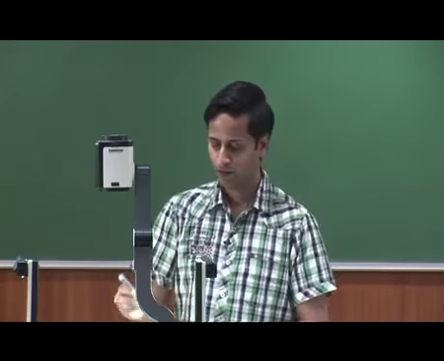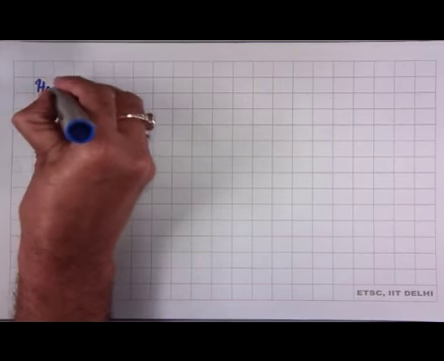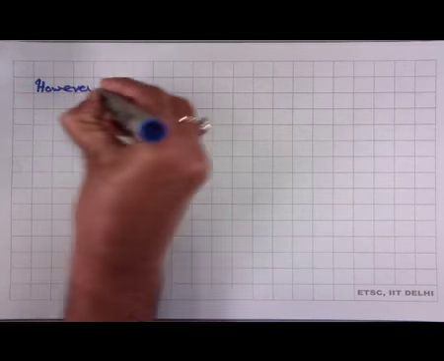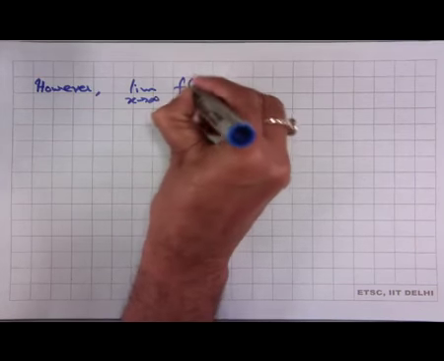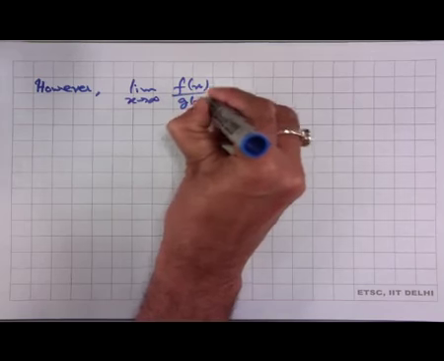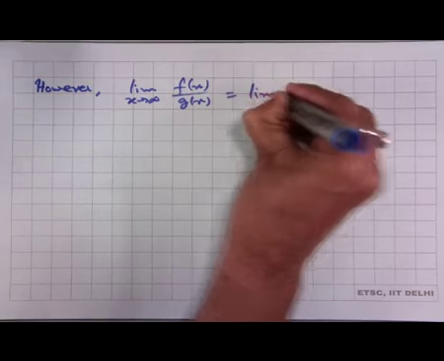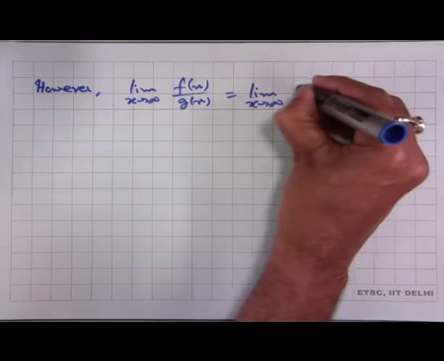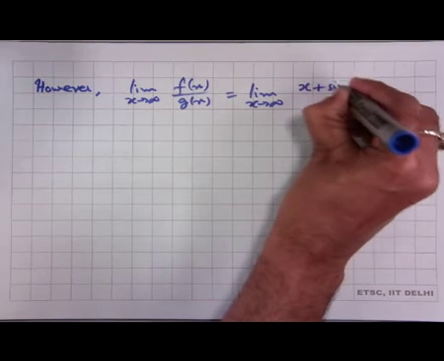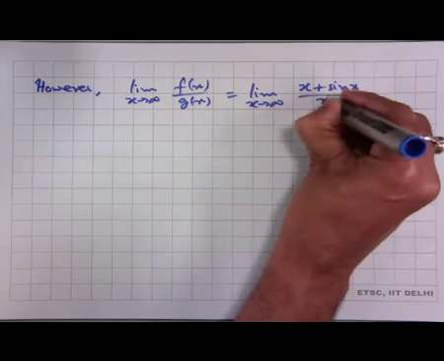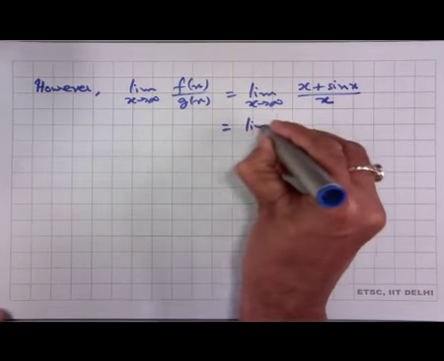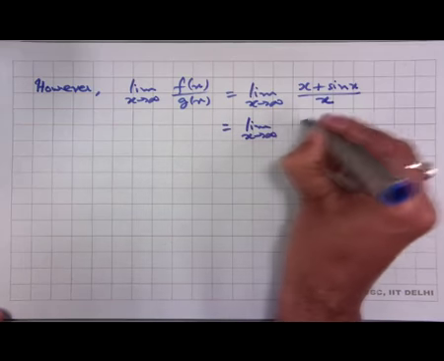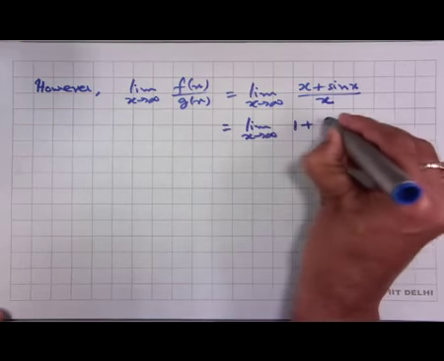However, the limit of x going to infinity of f x by g x is equal to limit x going to infinity of x plus sin x divided by x, which can be written as limit x going to infinity of 1 plus sin x by x.